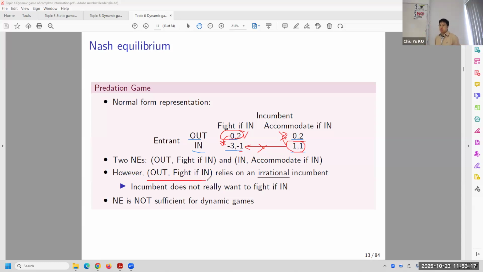Because I don't come in, because I'm thinking if I come in, that will fight. But if actually I come in, it shouldn't be fighting because fighting is costly, right? Because if I actually come in, fighting is actually -1, not 1, right?